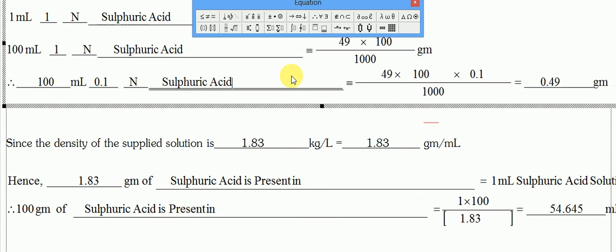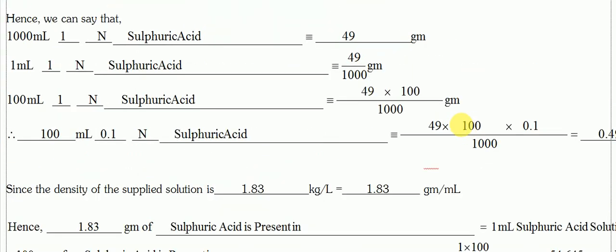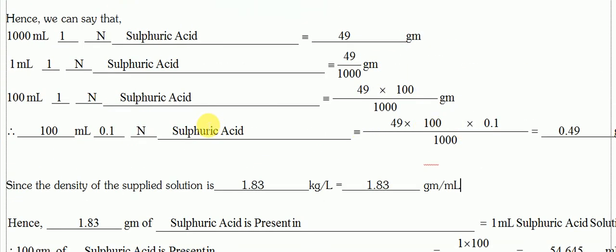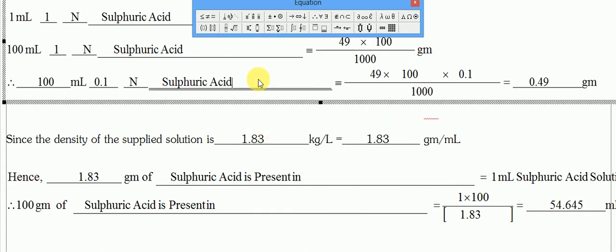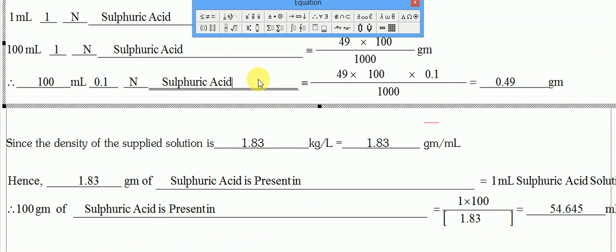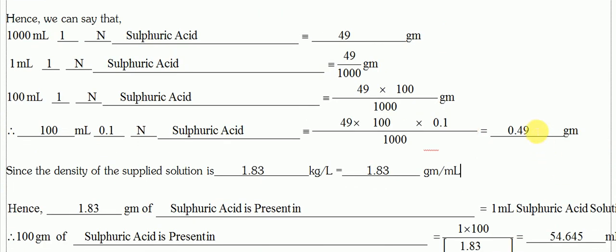This completes our formula. So it is clear from this that we have to weigh out 0.49 gram sulfuric acid and dissolve it in 100 ml, and this will produce 0.1 normal sulfuric acid. But the actual problem is that sulfuric acid is not solid, it is a liquid. So we have to convert this 0.49 gram sulfuric acid into volume. We have to find out what volume of sulfuric acid is equivalent to 0.49 gram.